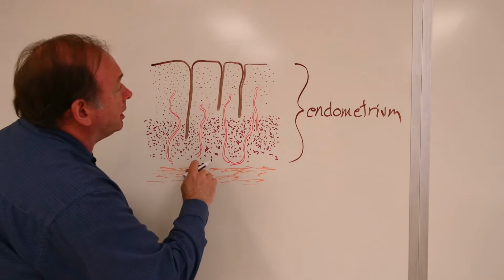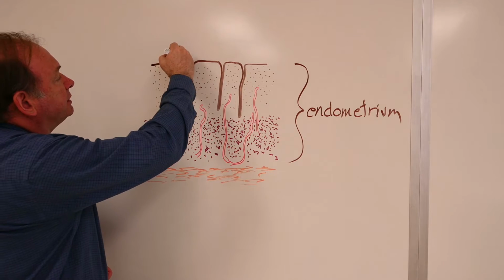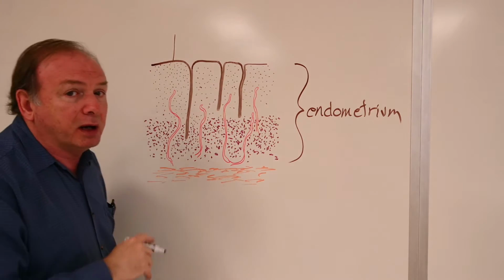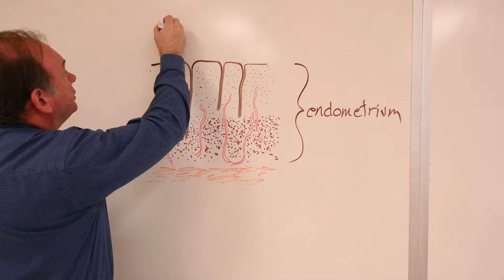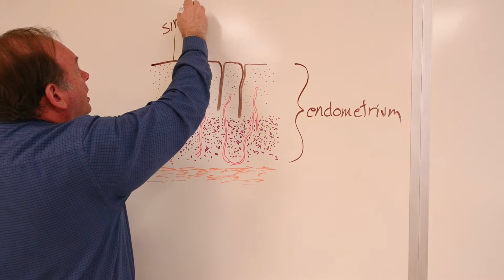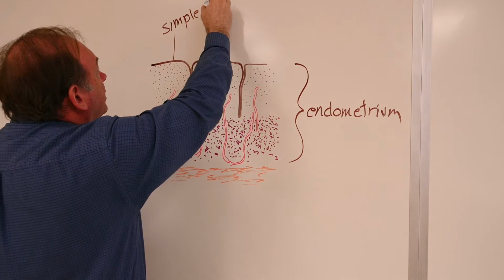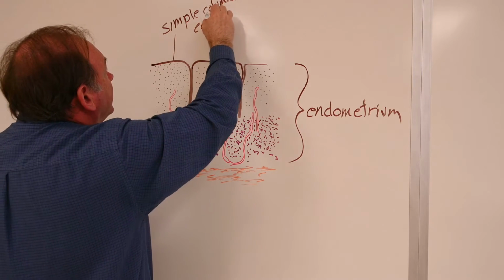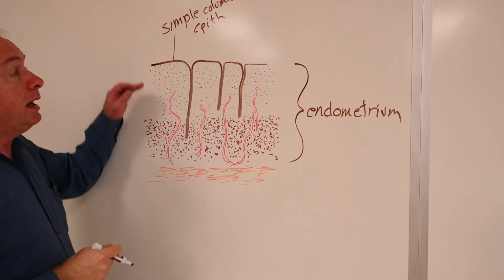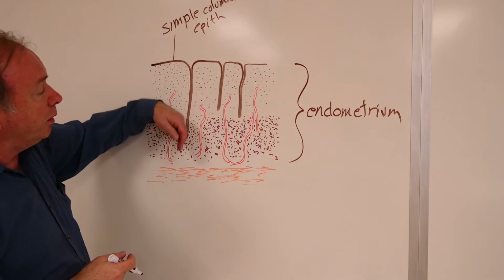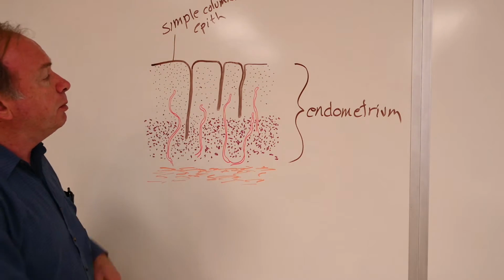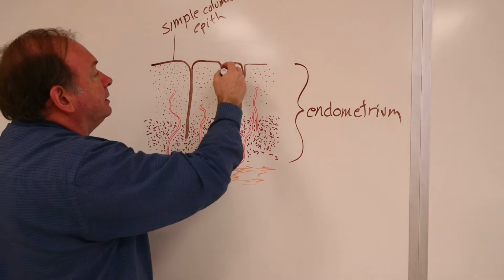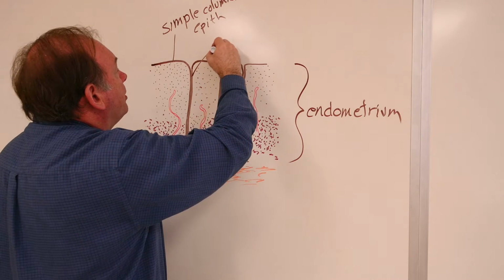This endometrium has on its surface a layer of simple columnar cells, a simple columnar epithelium, and that simple columnar epithelium folds into the endometrium to make these narrow glands that extend down. So this is an endometrial gland.